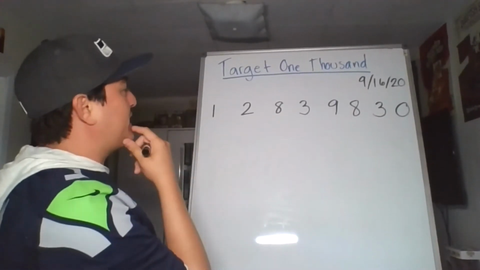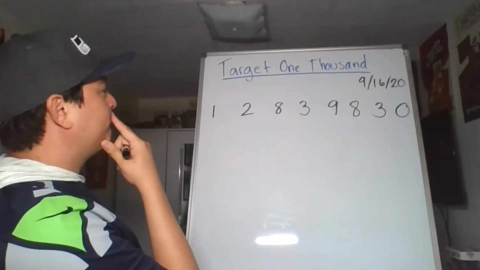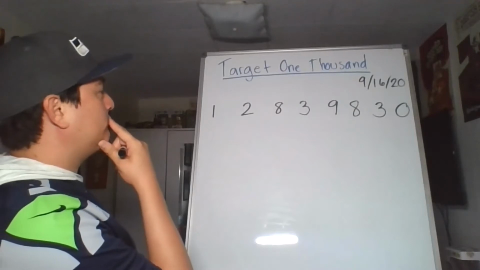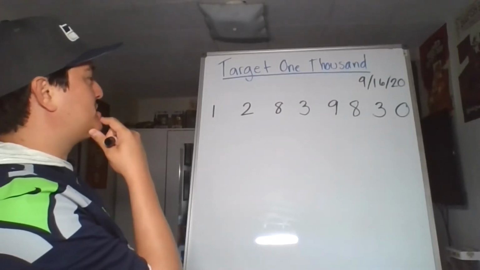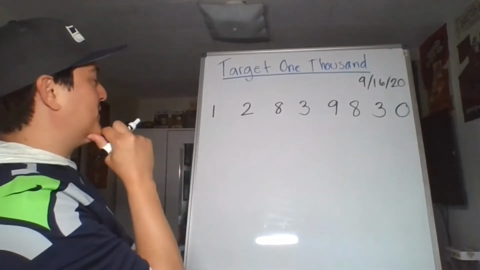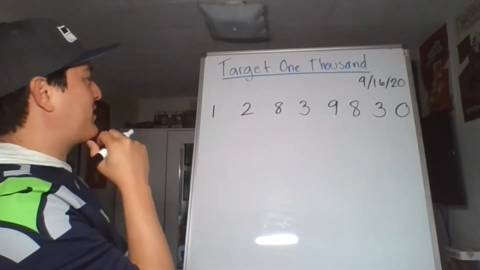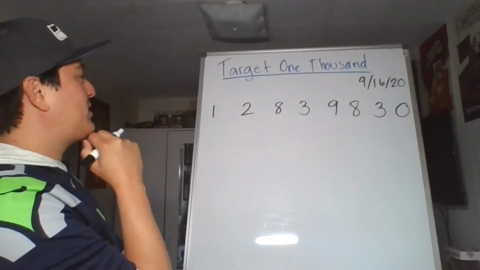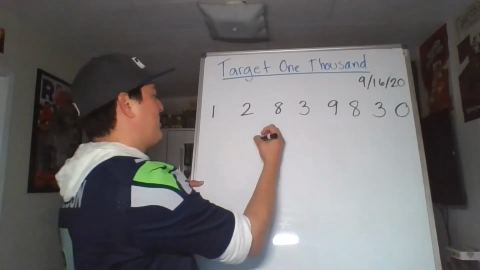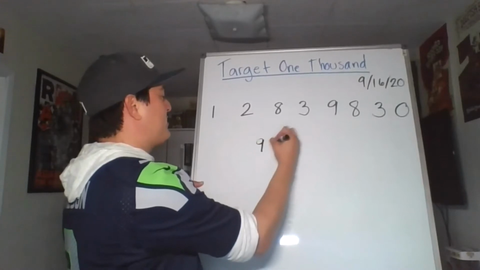So let's think. Pretty good. I can't start a number with a 0, so that doesn't quite work, unfortunately. But I could do maybe let's do 901.